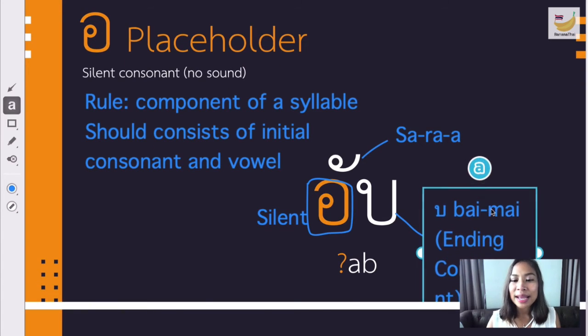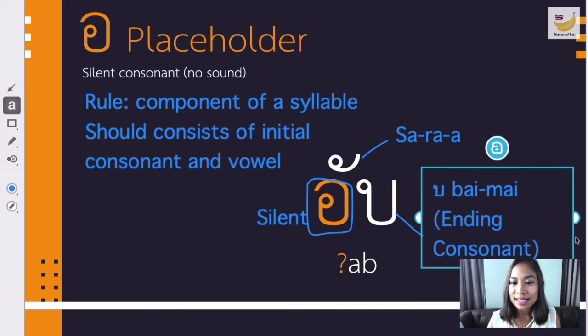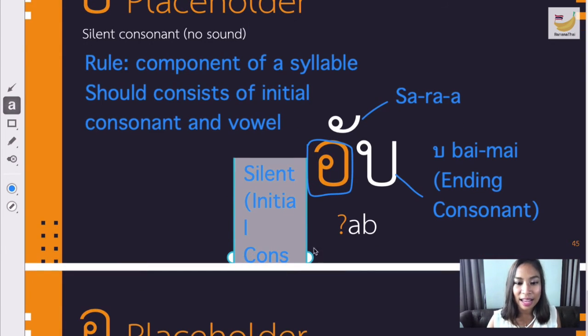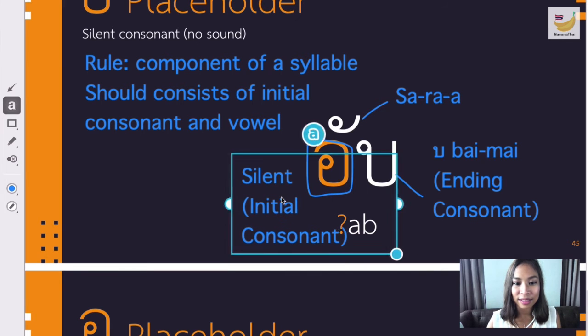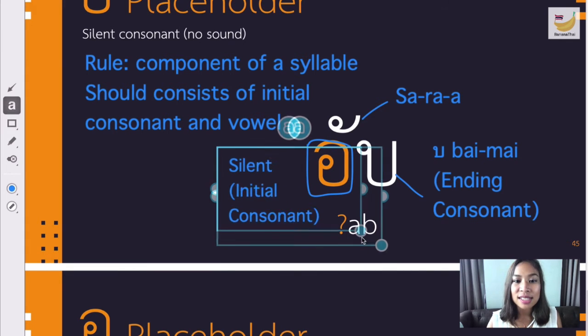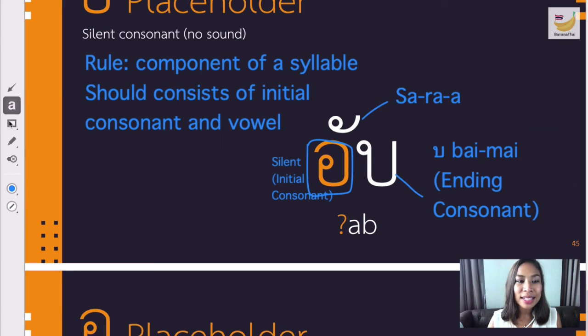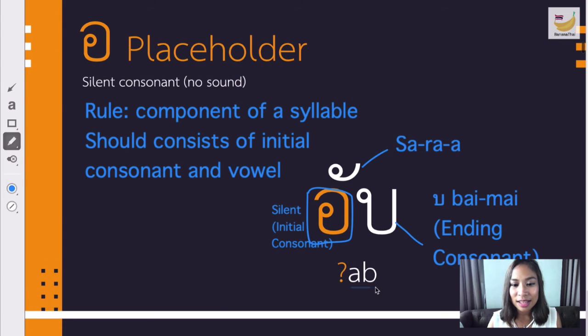So บอ ใบไม้ is the ending consonant, สระอะ is the vowel, and ออ่าง is the initial consonant. You need ออ่าง just to hold the place of the initial consonant, but when you read it, you only read the vowel and ending consonant like this.